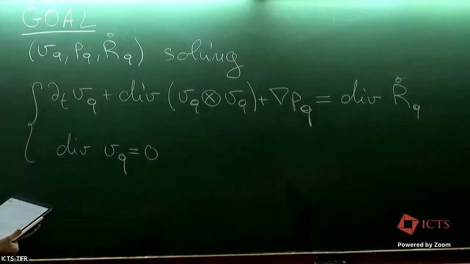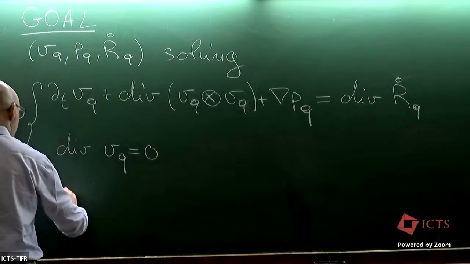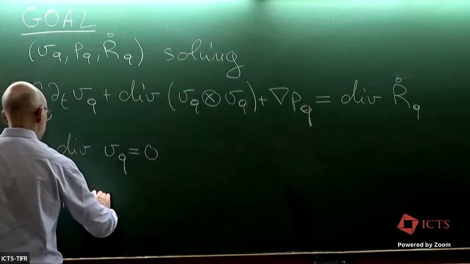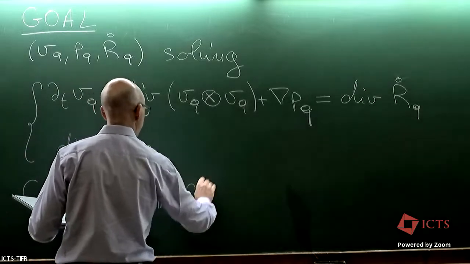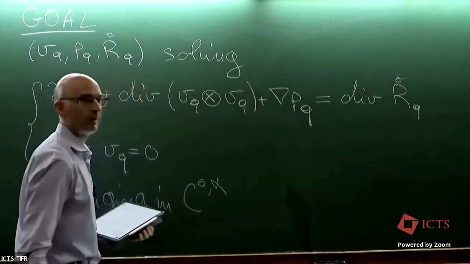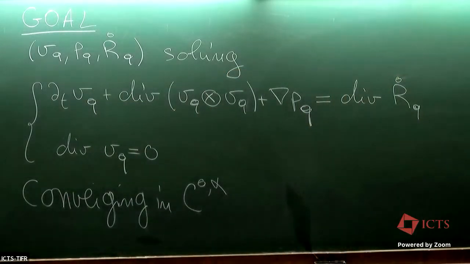And the goal for today is, in fact, to construct so that you're converging in C^{0,α} for some α, and we want to see that we actually can get to the Onsager conjecture.